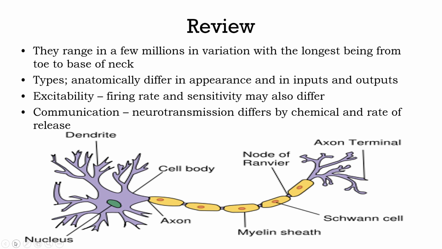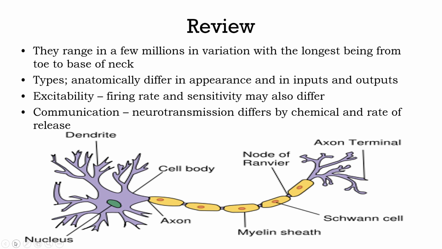So the neurons themselves range in length from a few millimeters, with the longest being from the toe to the base of the neck. I know, right? Good fun fact.